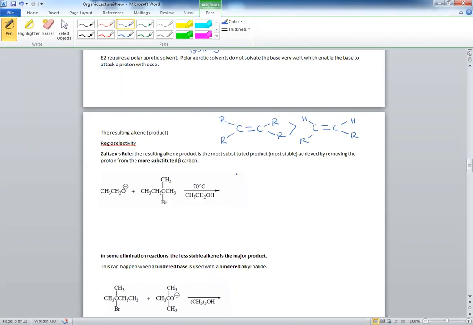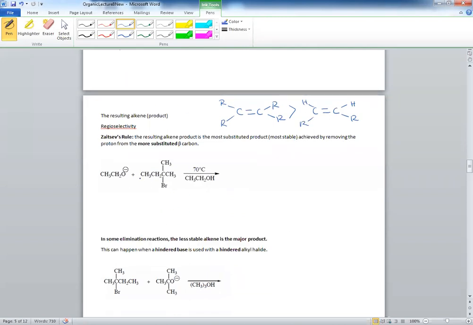Okay, so let's look at this example. It's going to get fuzzy a little bit here because we are going to draw where the beta carbons, alpha carbons, and of course the beta hydrogens are. So in this case, you have C right here, this one in the middle, that's going to be your alpha carbon. And if you look, you actually have three beta carbons.